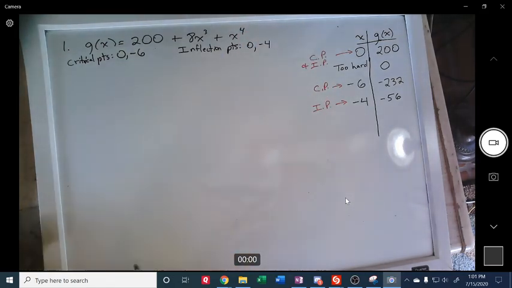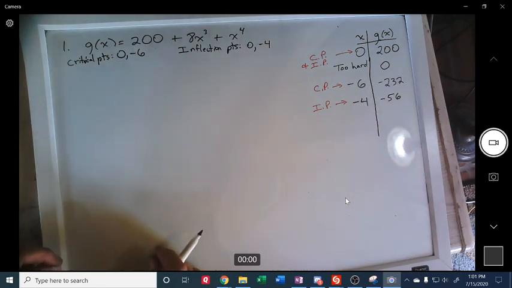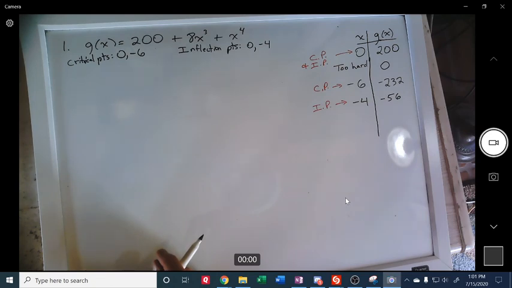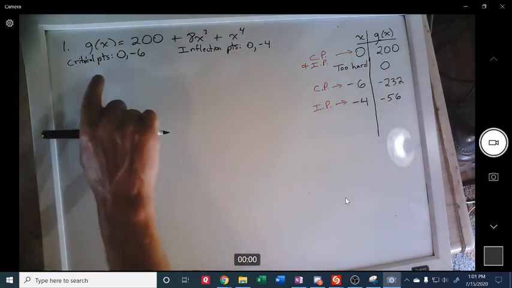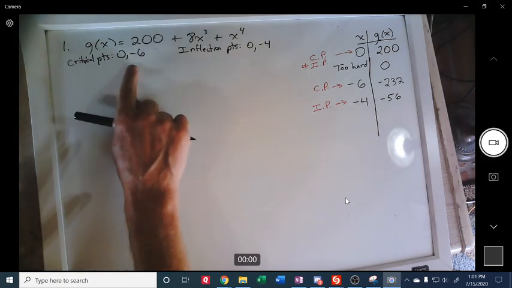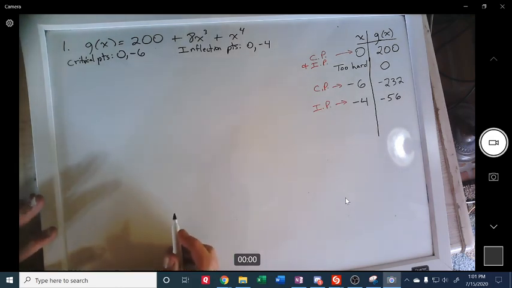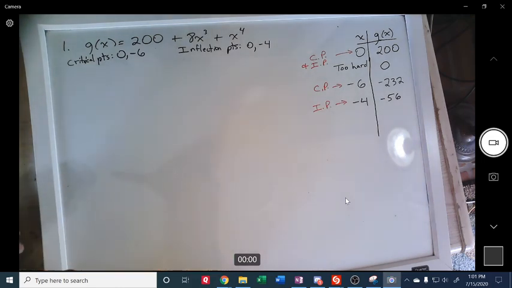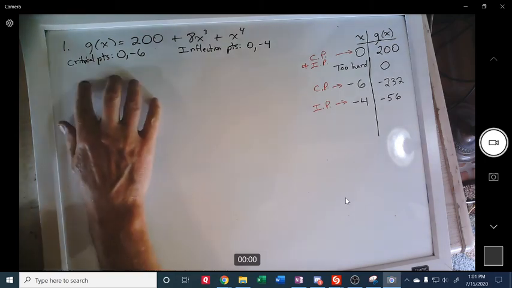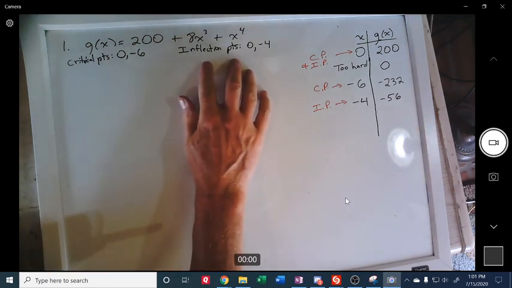Alright, now, last time I showed you how to make a table that shows intervals of increasing and decreasing by using the critical points. What we're going to do is make that table, and then insert onto the same table also the intervals of concave up and concave down.